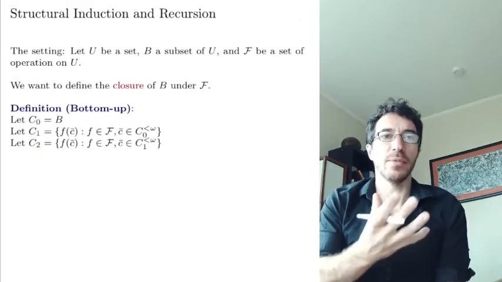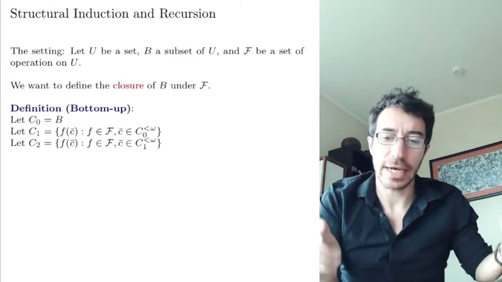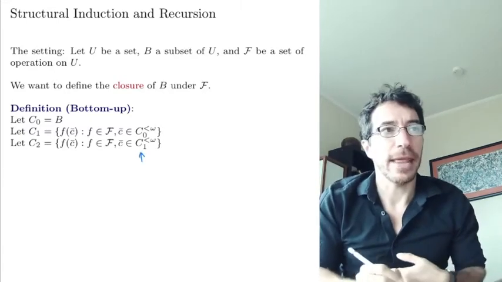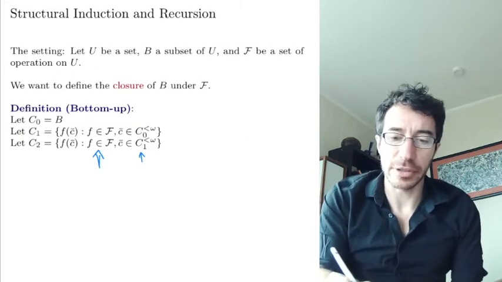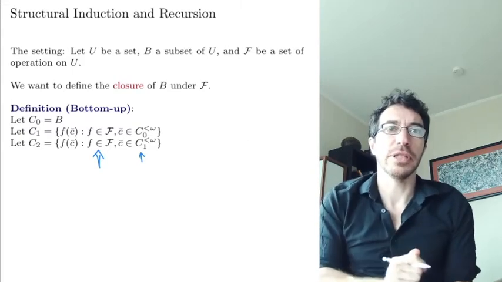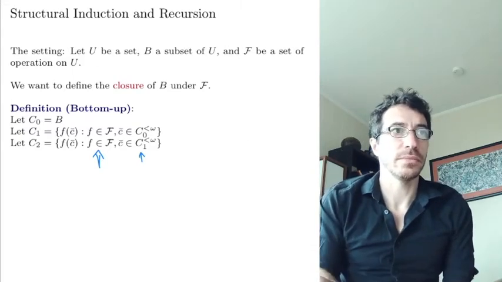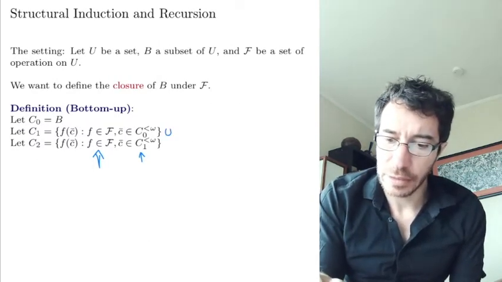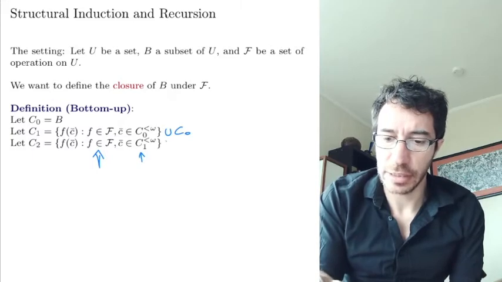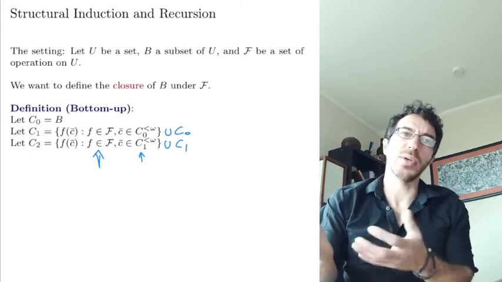Then we do the same with C2. We take all the things that we had in C1 and all the possible functions, and we apply the functions to the tuples, and we get new things. We put them in C2. Oh, actually we should add here C0, and here C1, because we want to include the previous guys too.